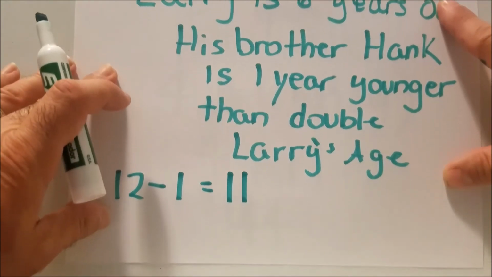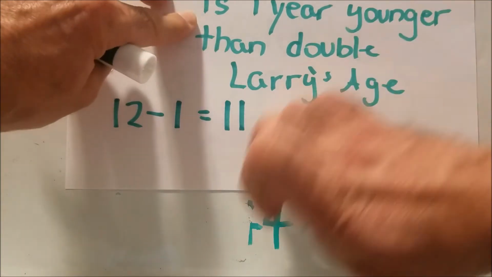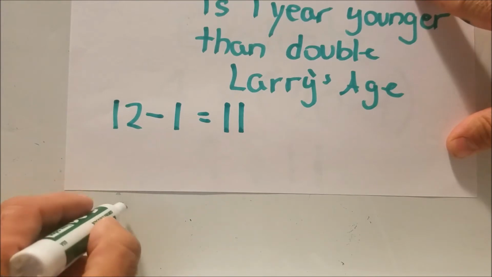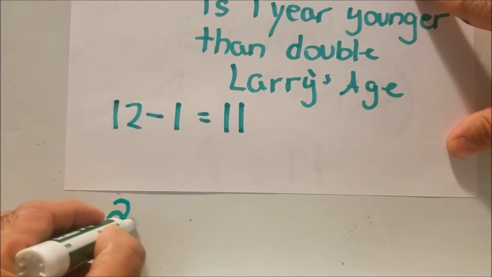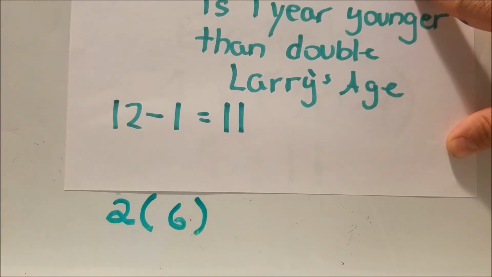But we can also write an expression this way. Double means we can put 2. 2 times 6. By the way, that's how you can write multiplication, with a parenthesis sign. That means 2 times 6.